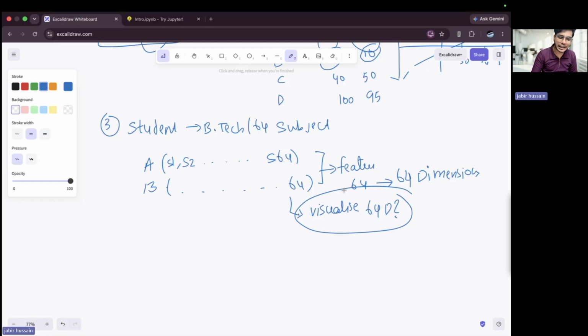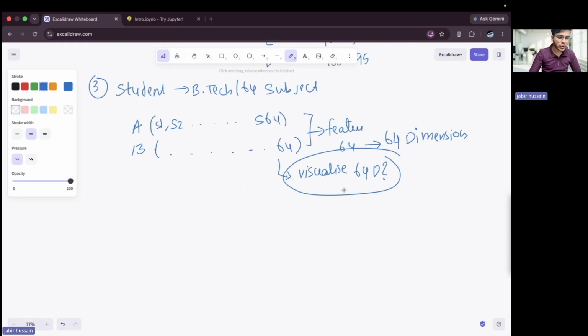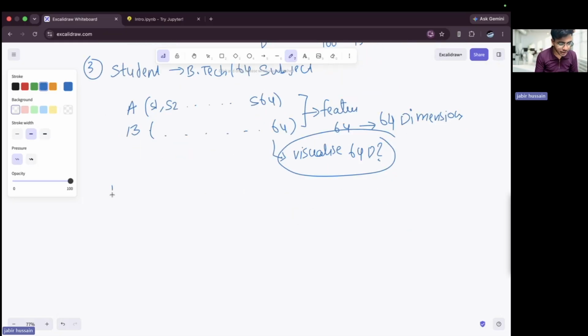So in that case, we use something called principal component analysis. What principal component analysis will do is take n-dimensional data, for our example 64 dimensional data, and try to take only the useful information.